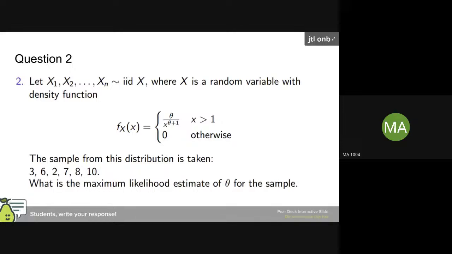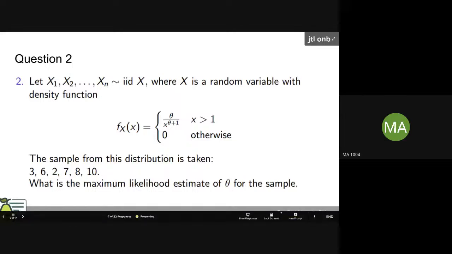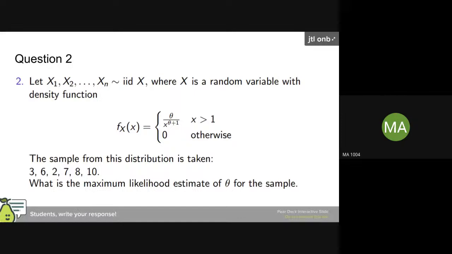Now, using whatever we just discussed, try to get through at least halfway. These are the steps you have to follow. Slowly write down the likelihood function using 3, 6, 2, 7, 8, 10.